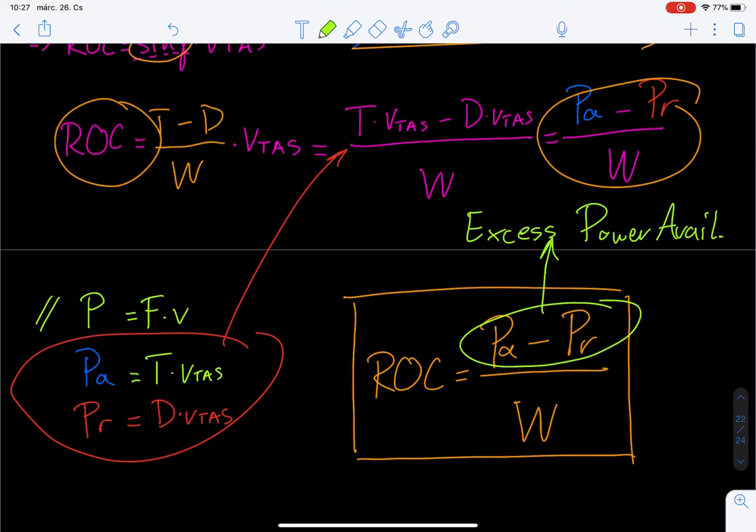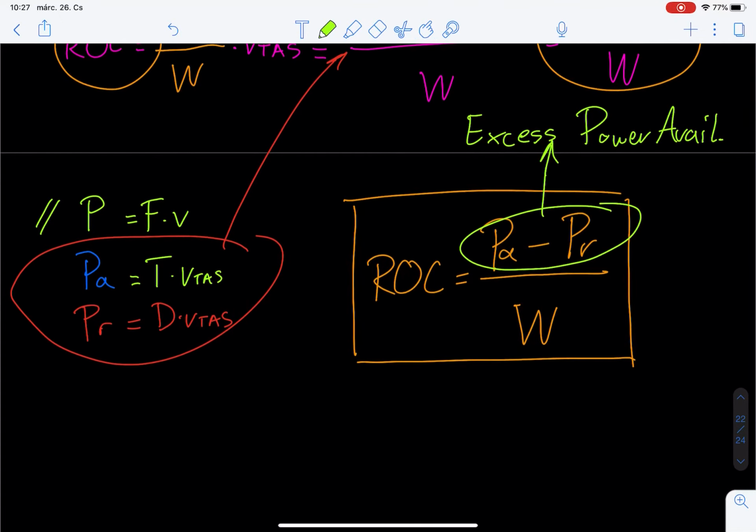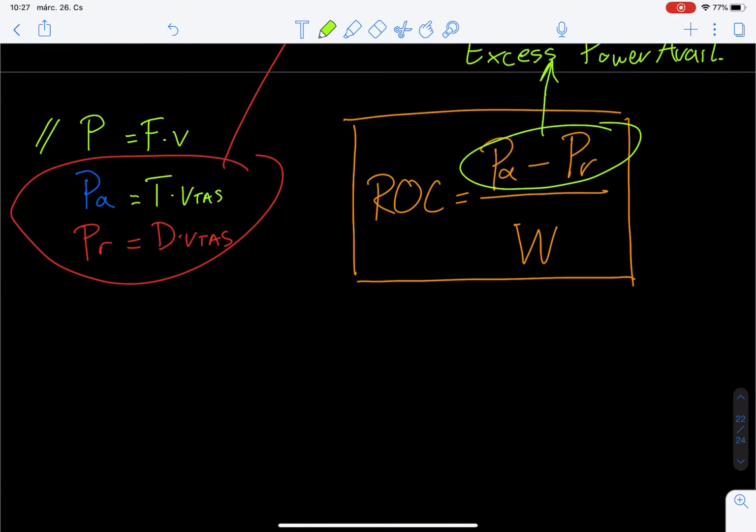This rate of climb is also a velocity, also referred to as vertical speed. The most usual unit in commercial aviation, and the one you will see when you start flying, is feet per minute.